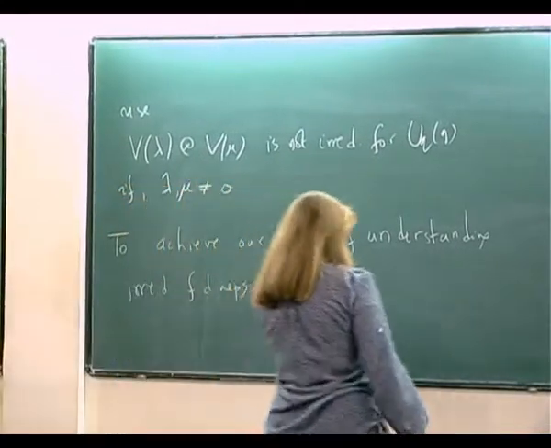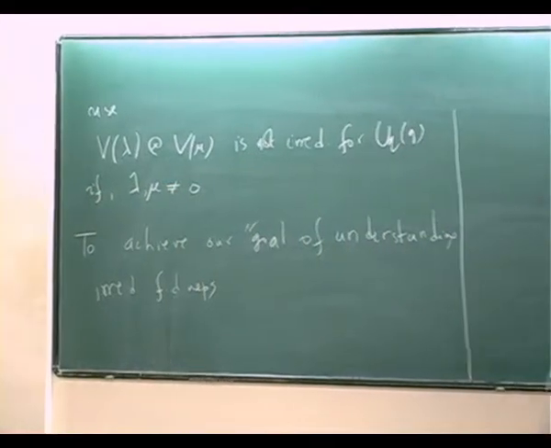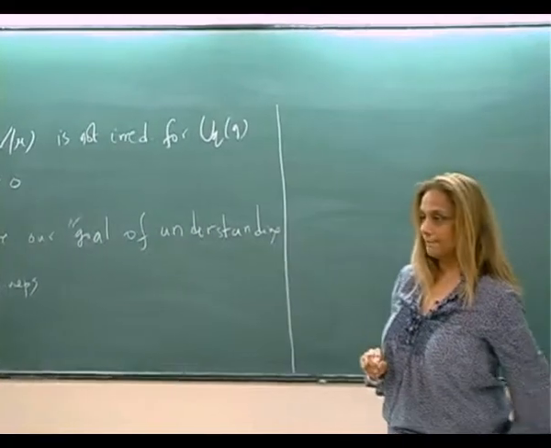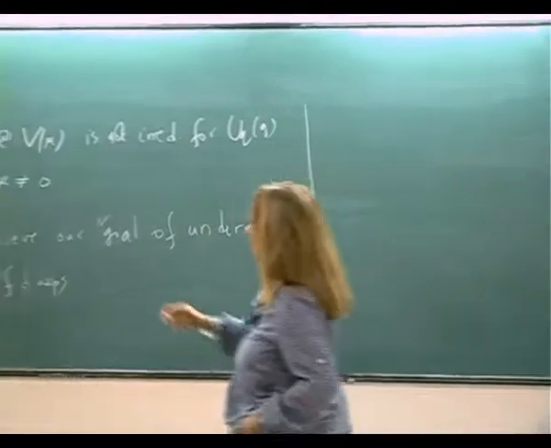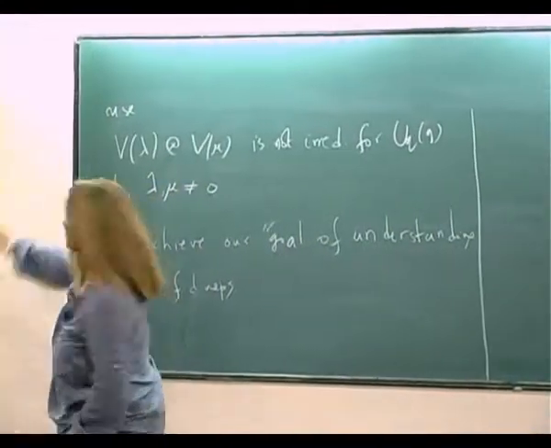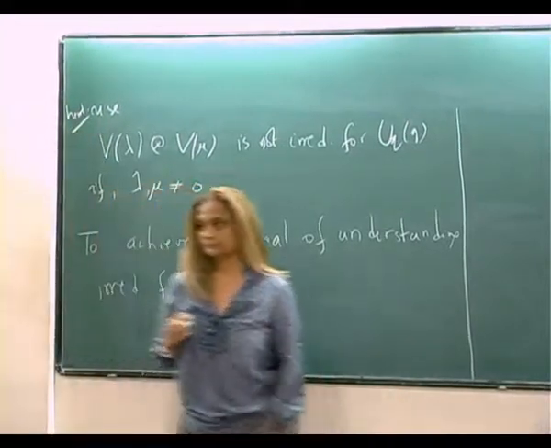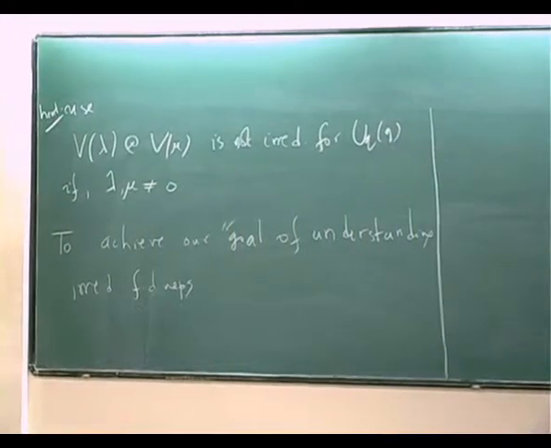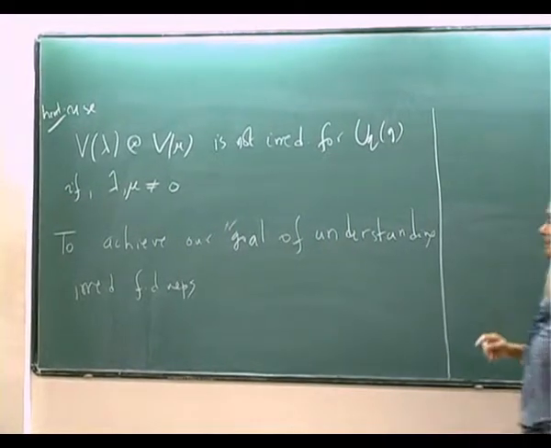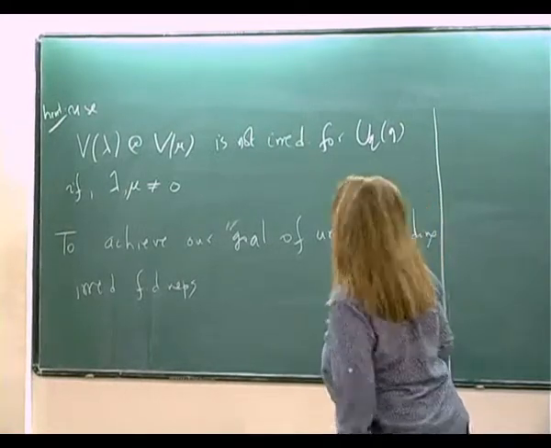Well, what have we understood by the word understanding a representation? Is there a question? So for this exercise, hint. So to achieve our goal, what have we learned so far then?